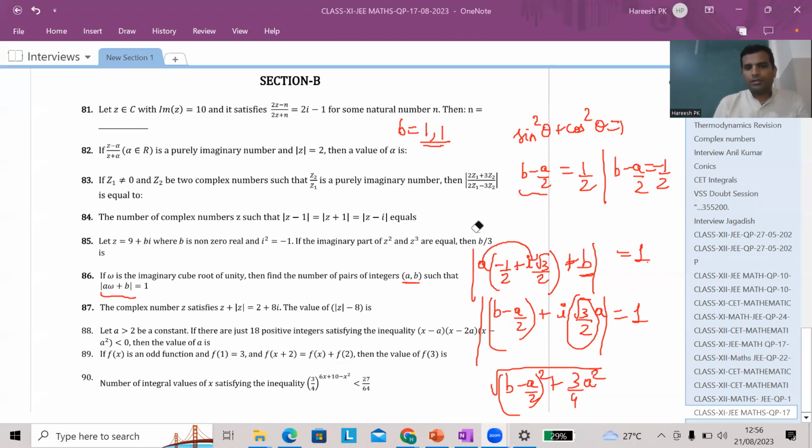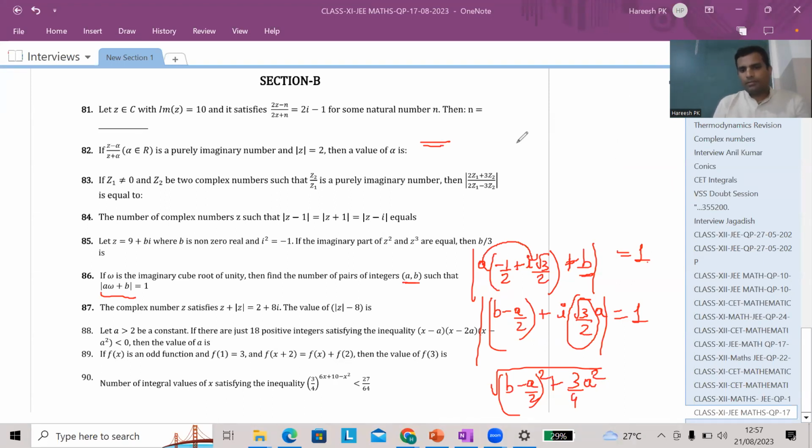So here, this whole modulus you should equate to 1. Now when you equate it to 1, let us see what we get. You will get b square plus, here you will get a square by 4 and here 3a square by 4. So you'll get b square plus a square minus ab. This should be 1. b square plus a square minus ab should be 1.